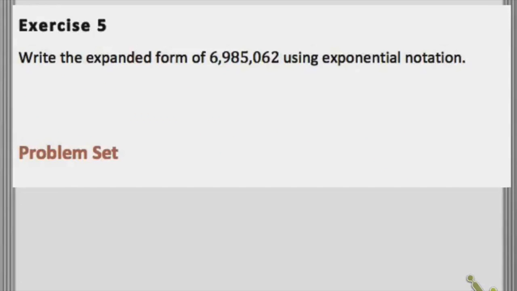Now we're doing the same thing in expanded form using exponential notation for exercise 5. So we just have to think of the place values, like how many zeros would be behind each one, and that's the power of 10 that we're using.